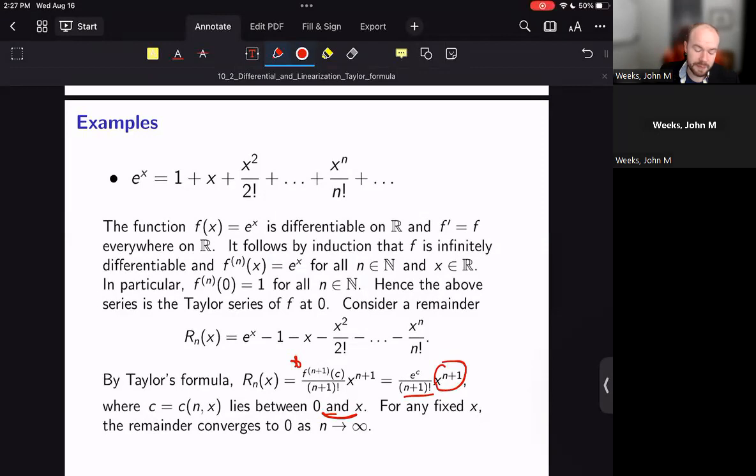All right. So because this error function converges nicely, this gives us that these two functions are going to be equal to each other. That is that this Taylor series equals the function e to the x. So that's going to kind of do it for us today. This is one of the big ways that derivatives can be useful, and kind of plays a big role in many other different types of mathematics.